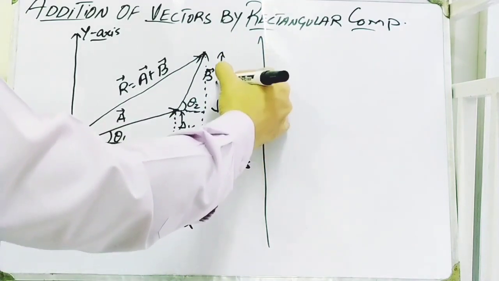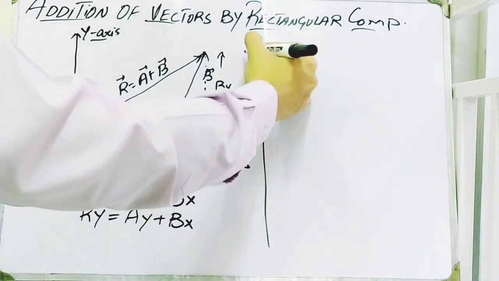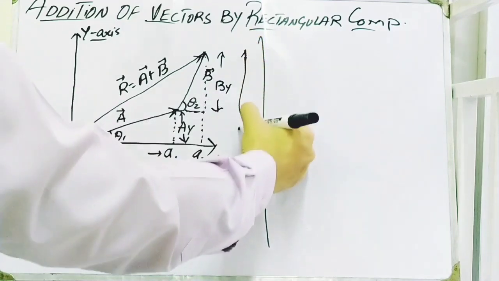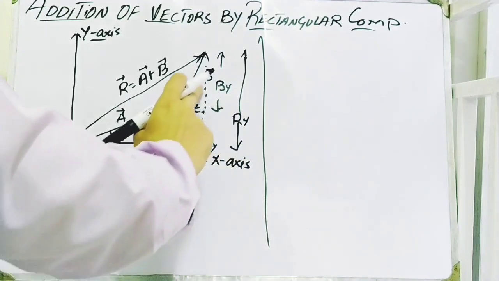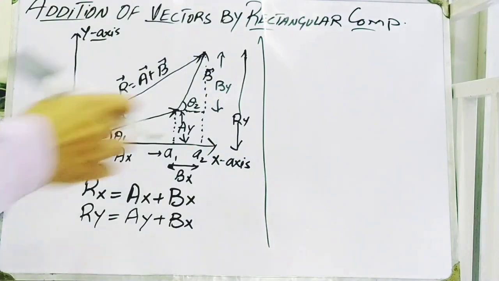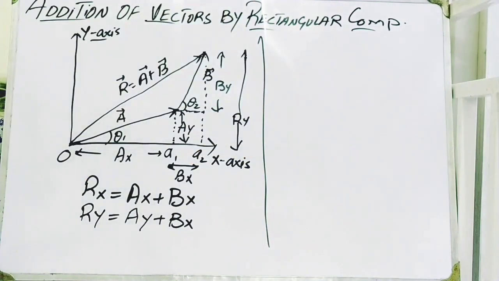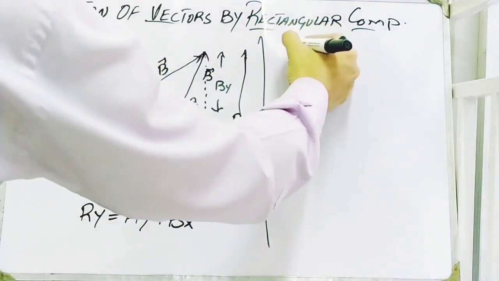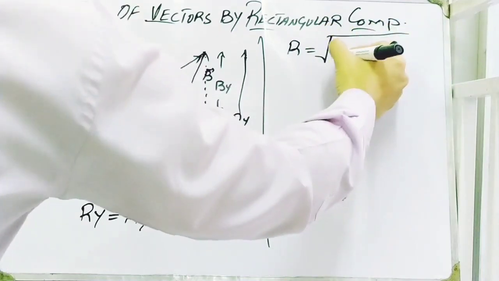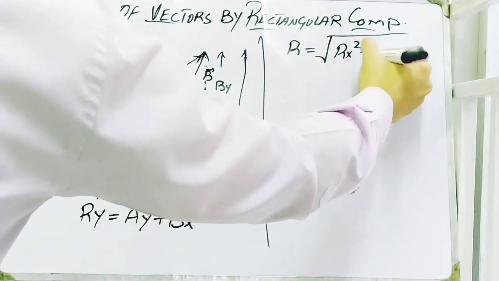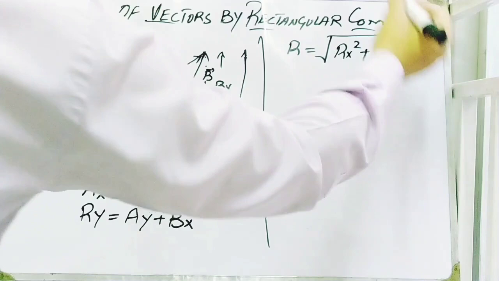This is going to be By, the y component of vector B, and the whole situation is called Ry because the addition of Ay and By is considered as the y component of the resultant vector. So, according to the definition of the magnitude, R is equal to the square root of Rx squared plus Ry squared.